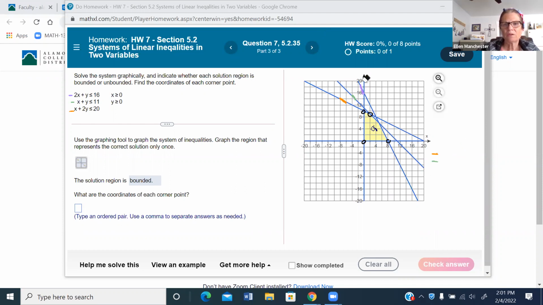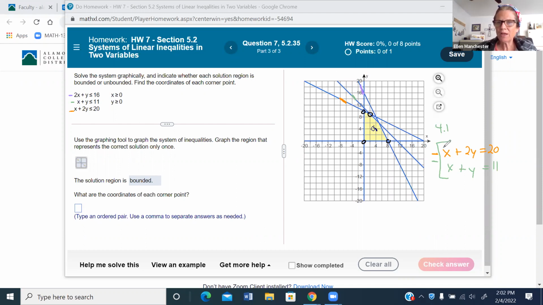The orange one is x plus 2y equals 20, and the green one is x plus y equals 11. This is where 4.1 comes in. Remember, you are finding the system of equations. System of equations means we're going to do elimination, right?